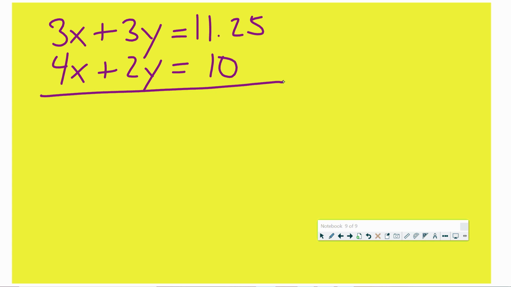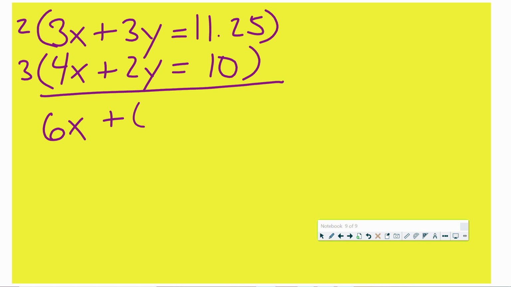So I'm going to make my y's equal to each other so that when I subtract, they cancel out. So I'm going to multiply my top equation by 2 and my bottom equation by 3. So now I'm going to have 6x plus 6y equals 22.50, let me check my calculator, 22.50.